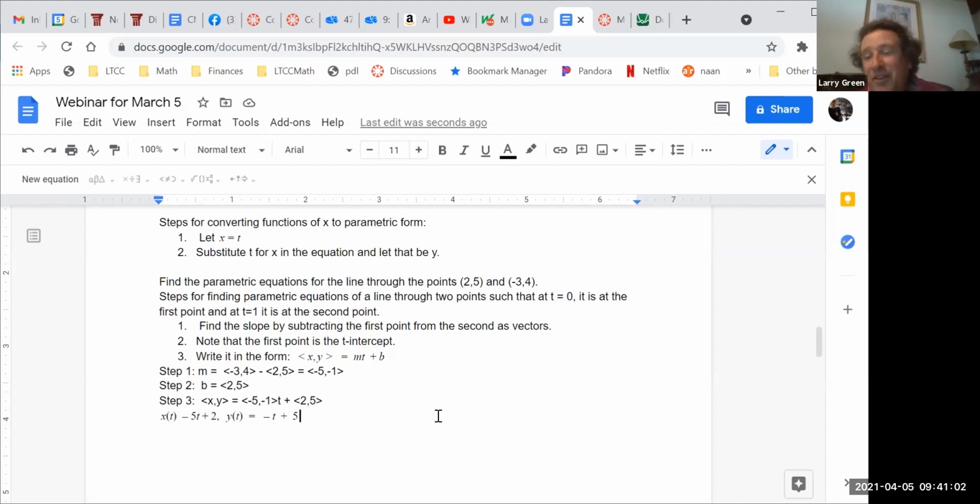By the way, let's suppose that this was an exam and you really cared about your grade and you had extra time. What should you do now if this were a question I asked you? Okay, graph it. That's definitely one thing, but there's a much easier way of checking your work, and that's plug in 0. If t is 0, what do you get?